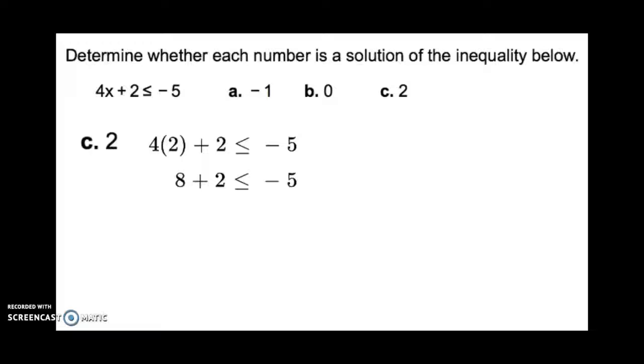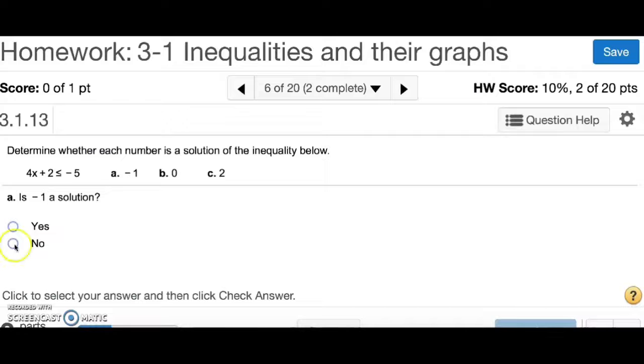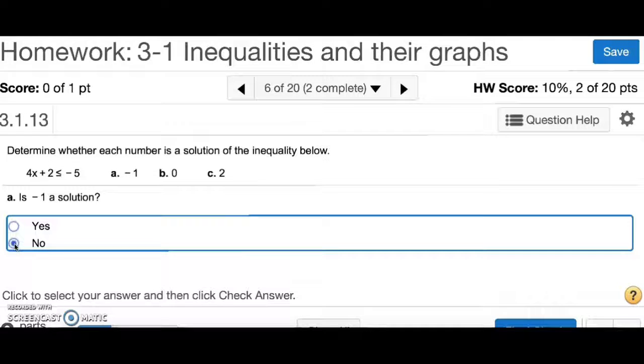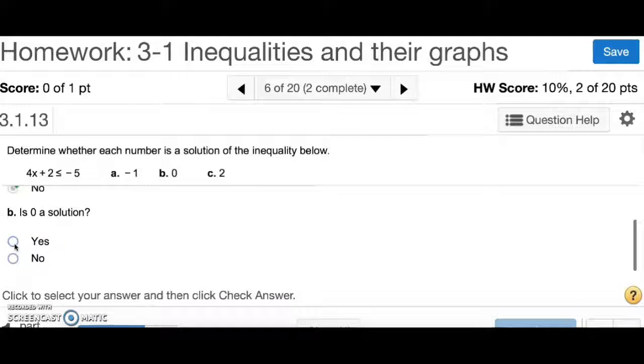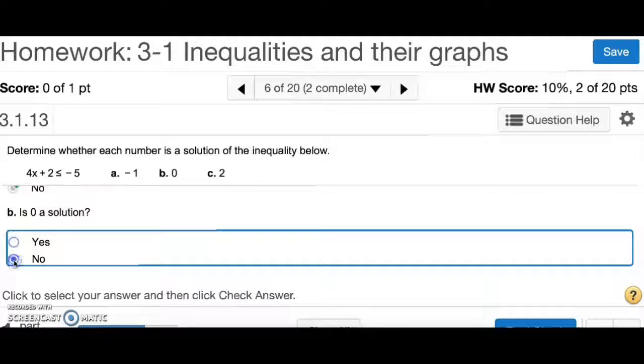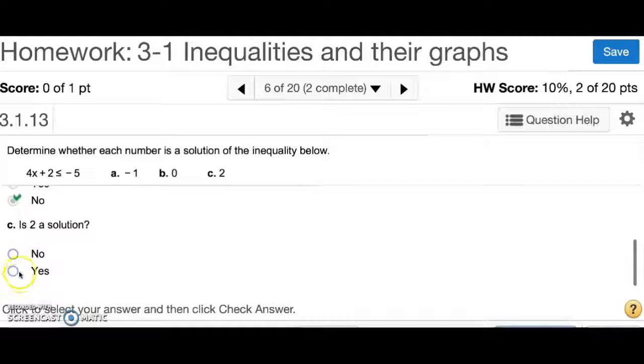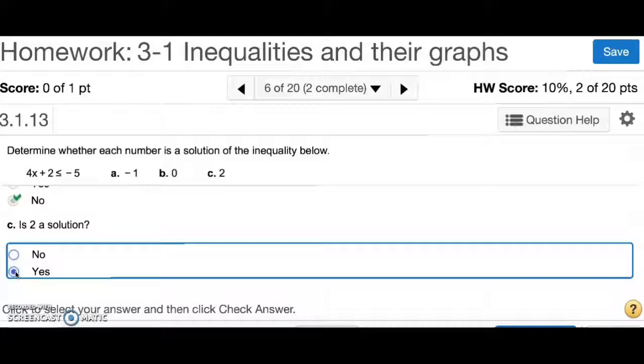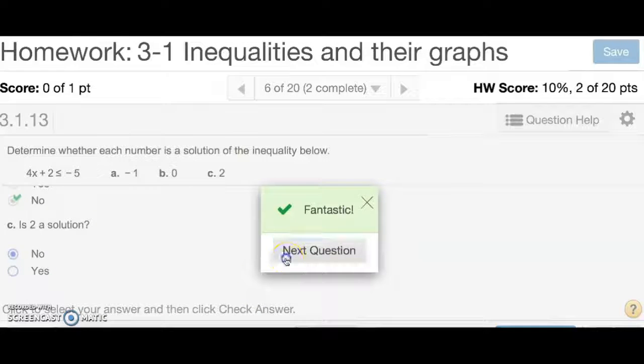So we have 8 plus 2 is less than or equal to -5. So we're saying 10 is less than or equal to -5, which is also a no. So for A, B, and C, they're all going to be no, so let's type it in. So we have -1 not being a solution, 0 for B is not a solution, and 2 for C is not a solution. And that's your answer for number 6.